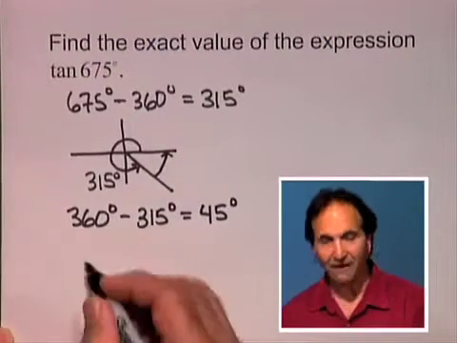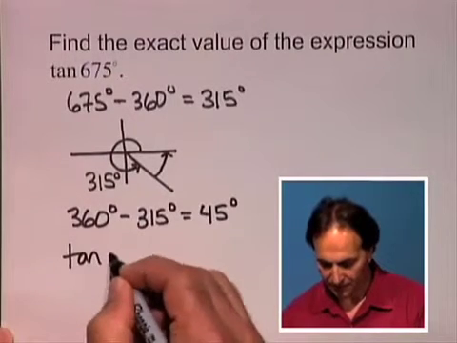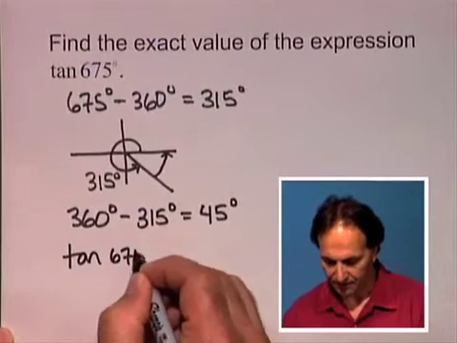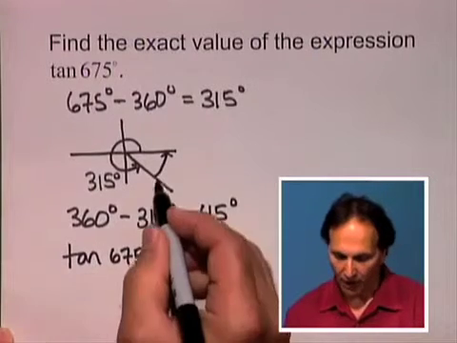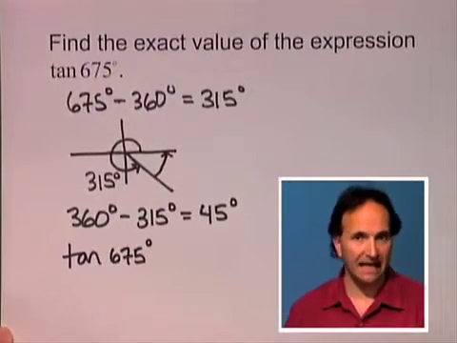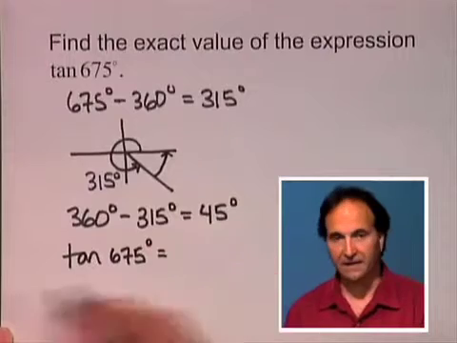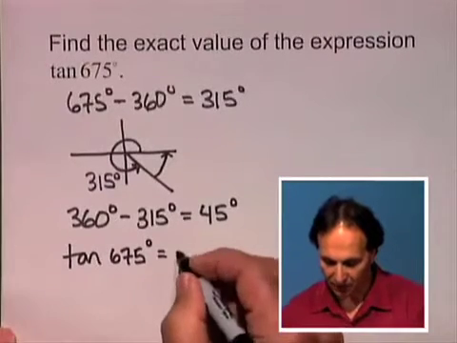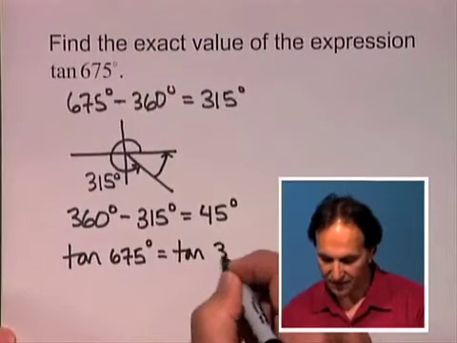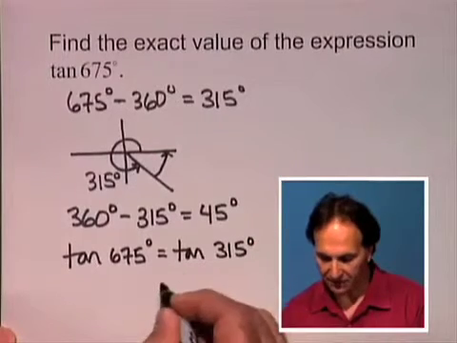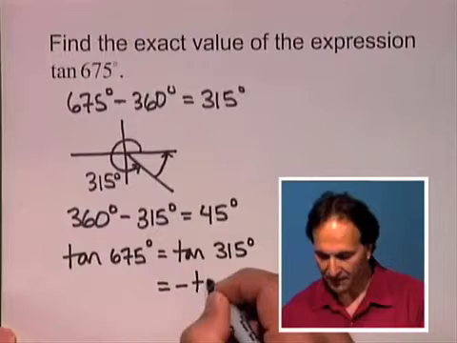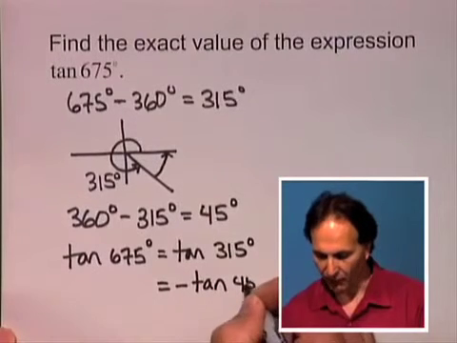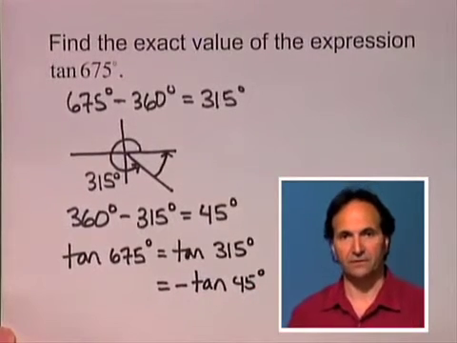Now we're interested in finding the tangent of 675 degrees. Well, in the fourth quadrant, tangent is negative. So we have to keep that in mind because we know this is equal to the tangent of 315 degrees, but then that's equal to negative the tangent of 45 degrees.